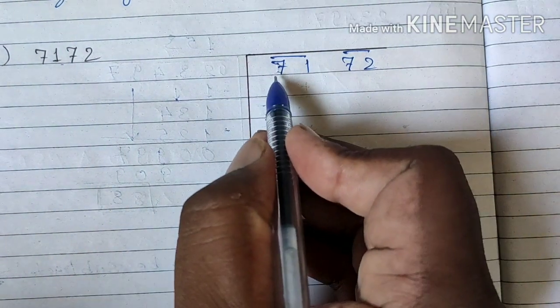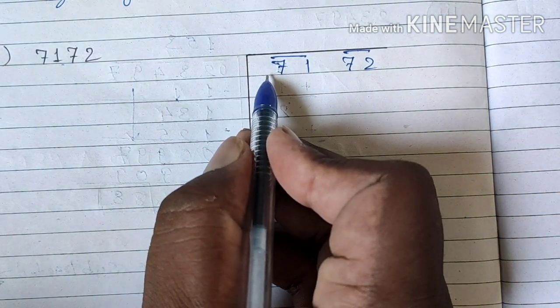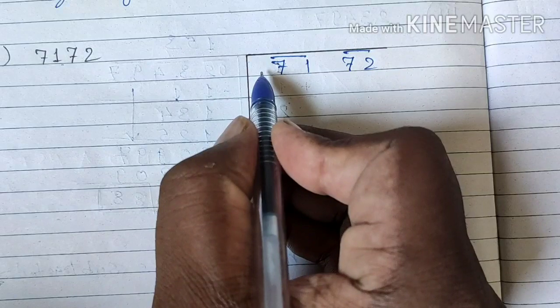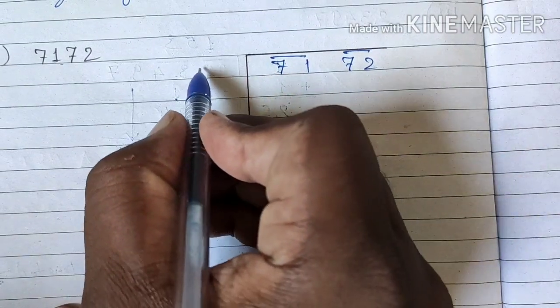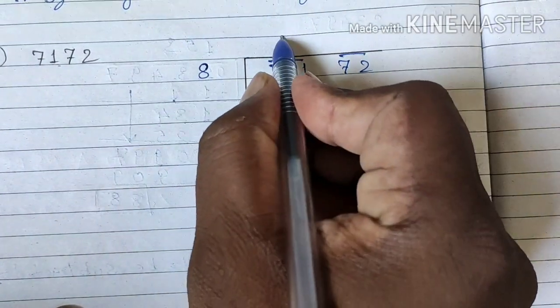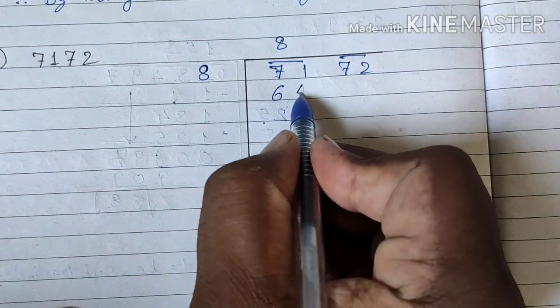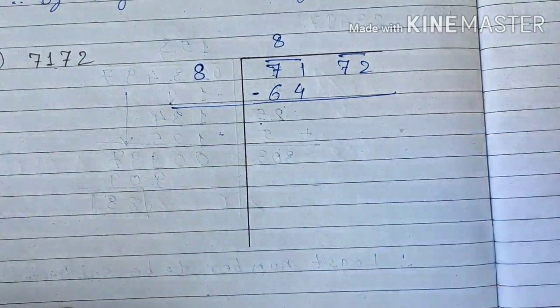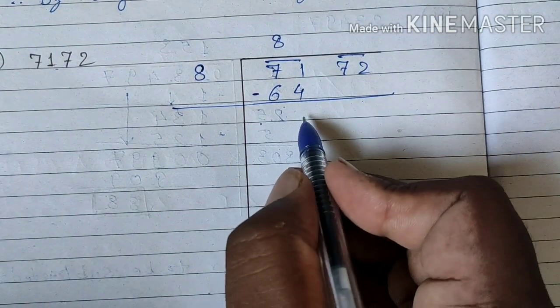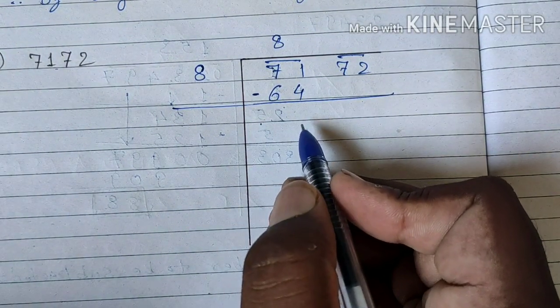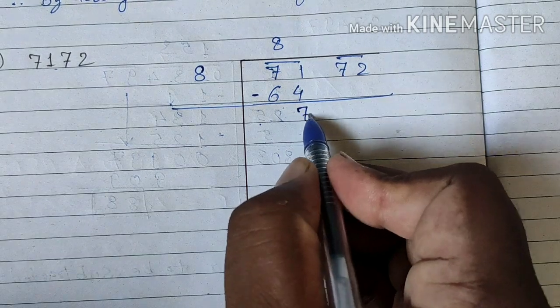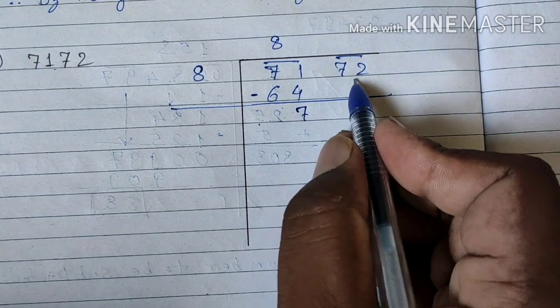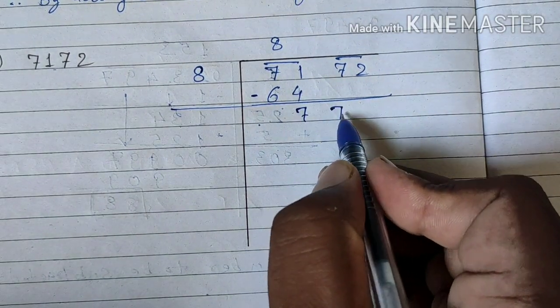It is 8 square. 8 square is 84. Sorry, 8 square is 64. Correct? So the required number is 8. We have taken here 64. Subtraction of these two: 11 minus 4 is 7. 6 minus 6 is 0. 72 will come down here.